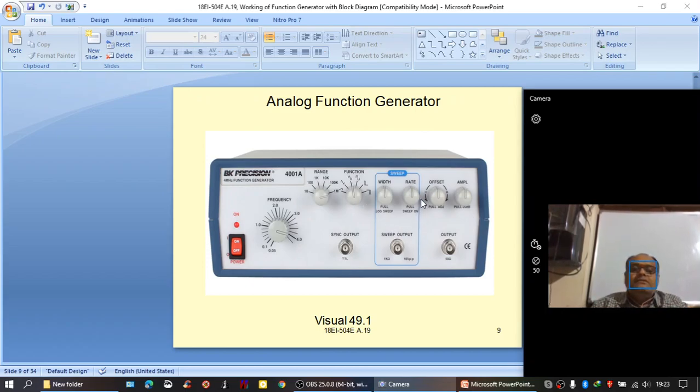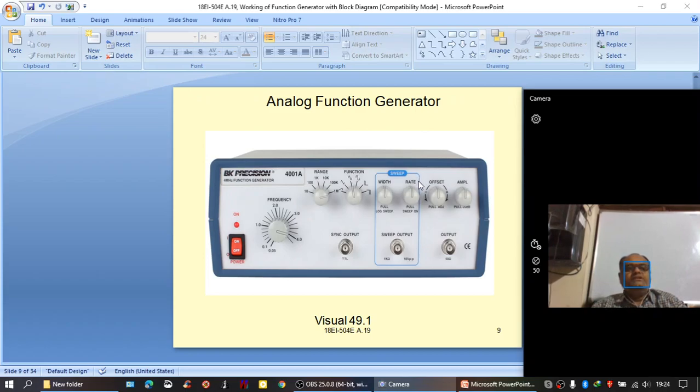And this is the sweep rate at which the signal is to be produced. That is, when a sweep signal is produced, then what is the rate of that sweep?